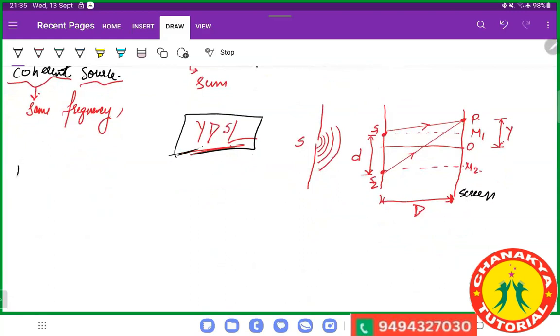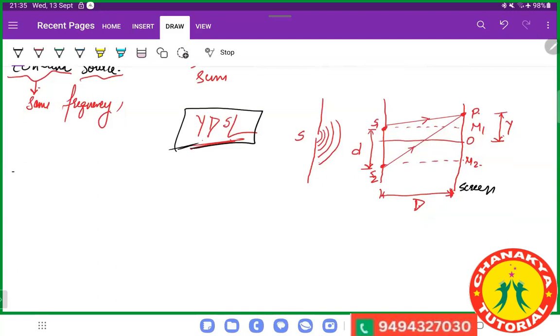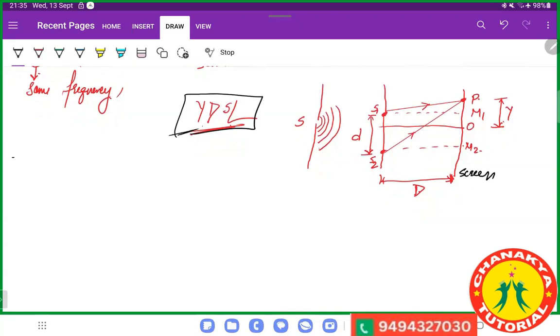So let's write this as one point about YDSE, or let's make some simple points, step by step. First, two coherent sources of light.